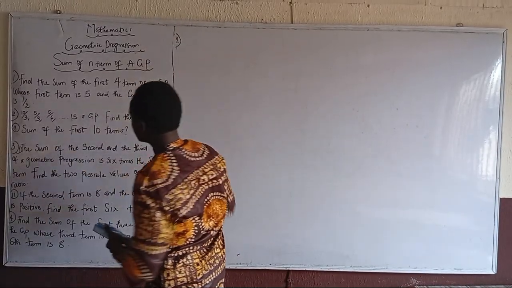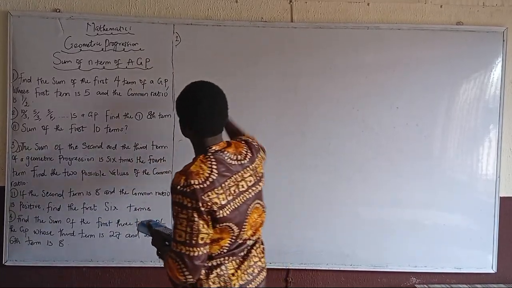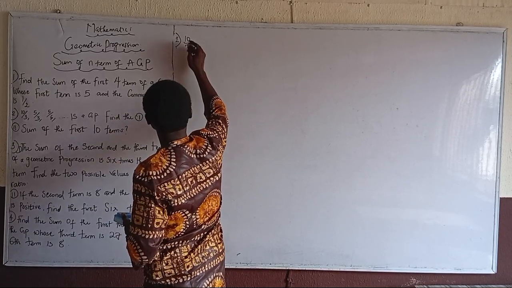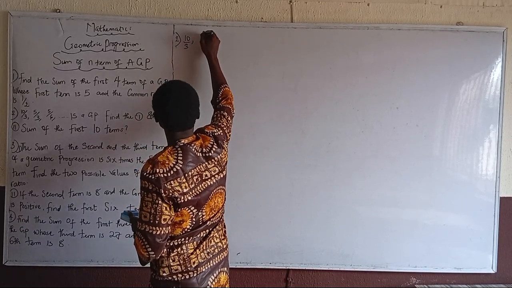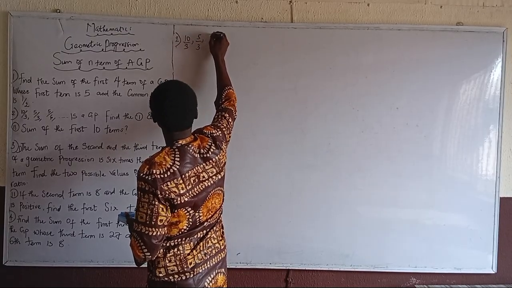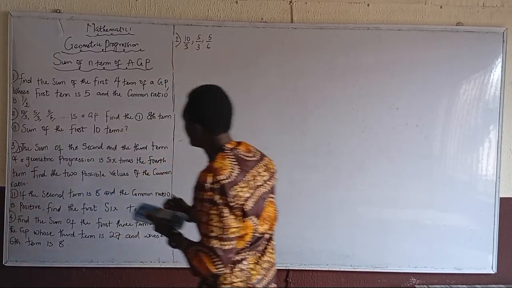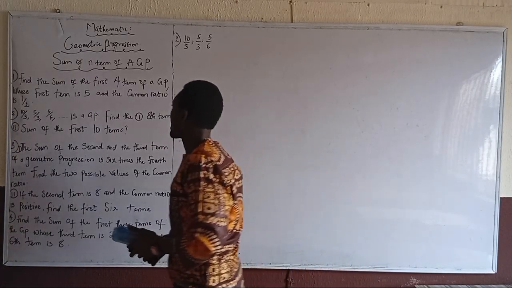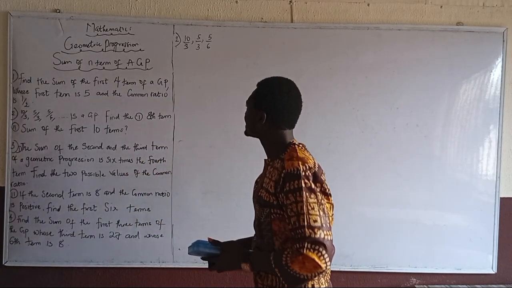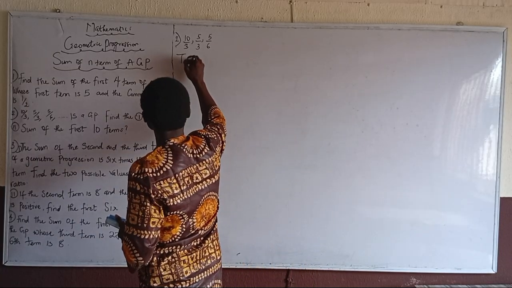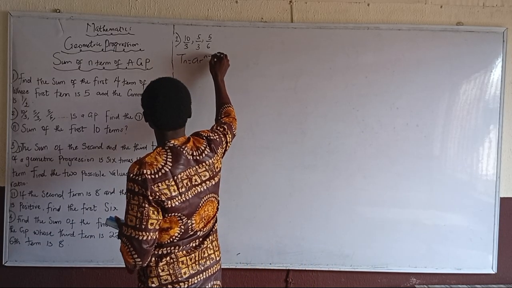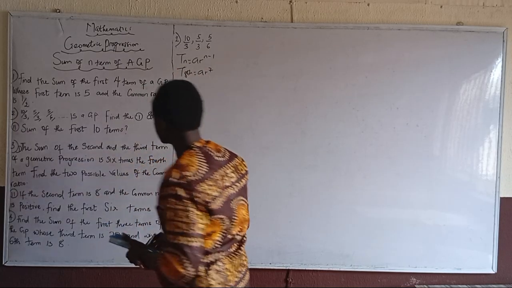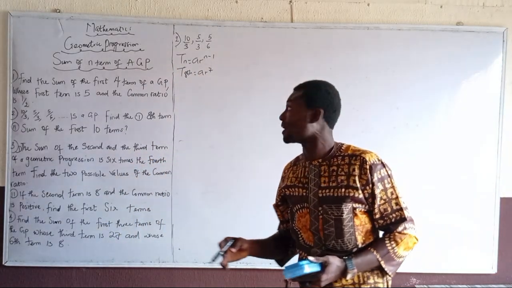Question 2. I have 10 over 3, 5 over 3, then 5 over 6 is a GP. Find the 8th term and sum of the first 10 terms. Now for Tn is AR raised to n minus 1, which means that my T8 is AR raised to 7, because my n is 8, that gives us 8 minus 1.